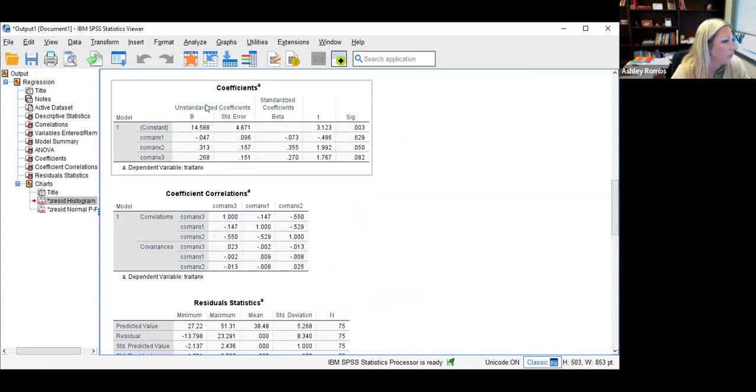So I would just go to the coefficients table and look for constant. I know from some questions I've gotten, people get so overwhelmed because there are all these different coefficients, unstandardized, standardized, standard error. So just be really careful that you're paying attention to exactly what they're asking you for in the question.